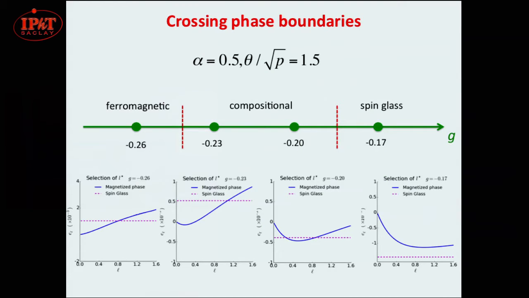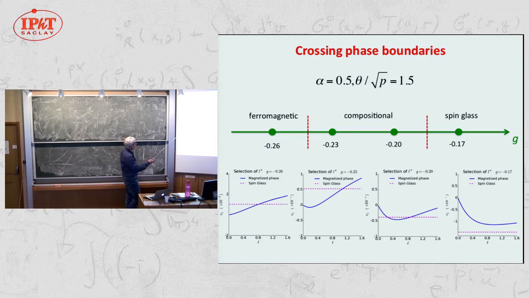Okay, and so now we see a competition between, let's say, different phases. So this is what happens as you increase, for instance, for certain values of alpha, the threshold theta, and so on. You increase the parameter g here. So what you see is that this free energy as a function of L, more precisely L over p, tells you how the number of very strongly magnetized hidden units is scaling as 1 over the sparsity parameter.